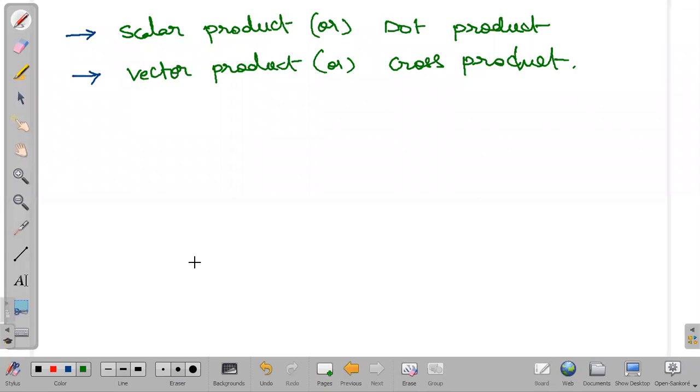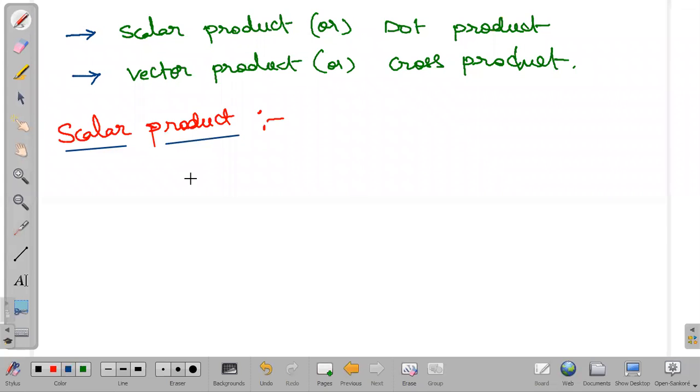Okay. Now in this scalar product, what I said is, if two vectors are multiplied and the resultant is a scalar quantity, such a multiplication of two vectors we call a scalar product.